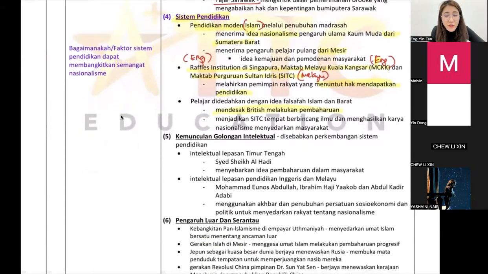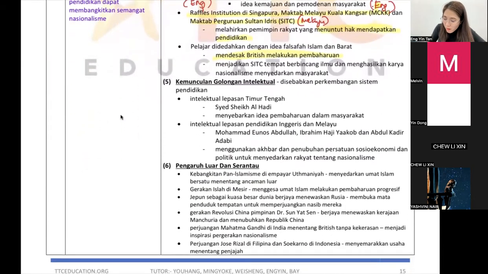And after we have the education there, we have more and more young leaders, which is intellectuals. So we have those graduate students from the Middle East, and those graduate students from the English and the Malay schools. For example, the Middle East one is the Islamic leader lah. They share about the Islam idea lah.